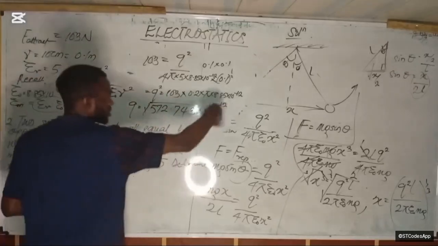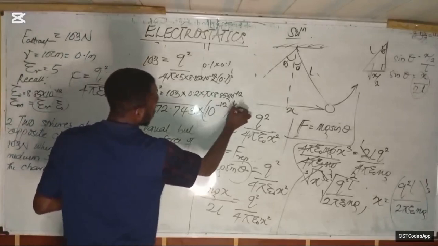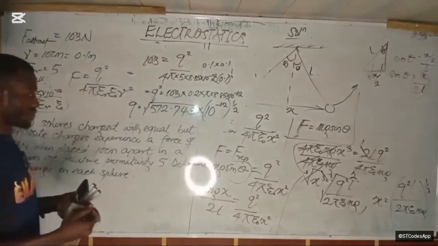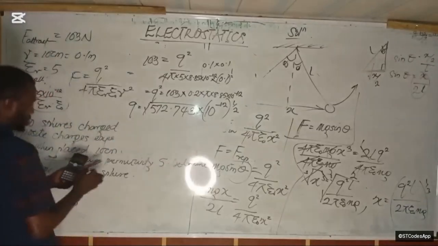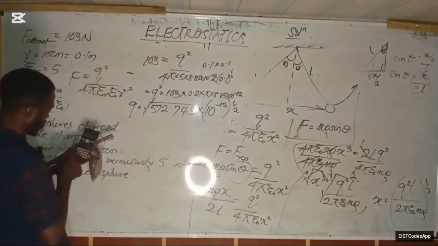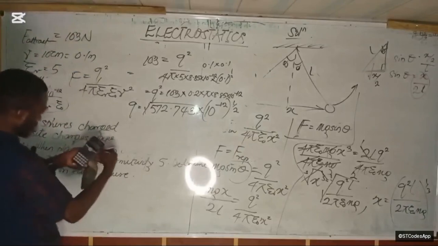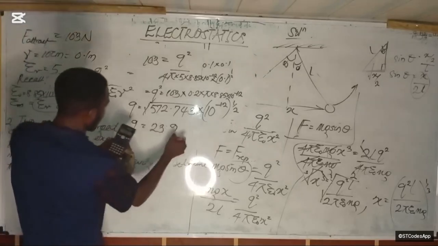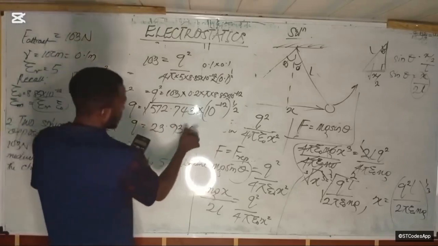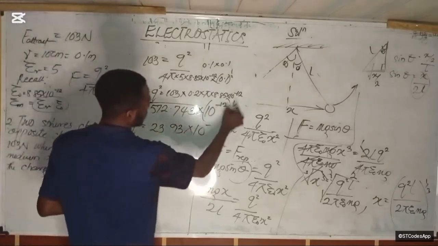The square root of this will be this times 1 over 2. I hope that is clear. So the square root of this is going to be 23. Q will be equal to 23.93 times 10 to the power minus 6.